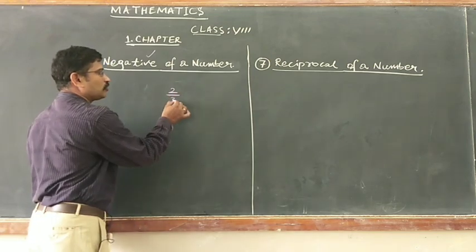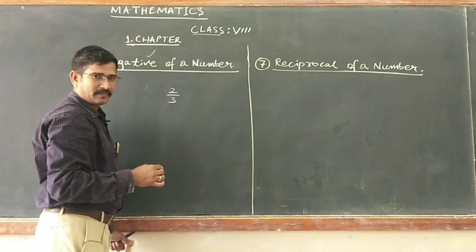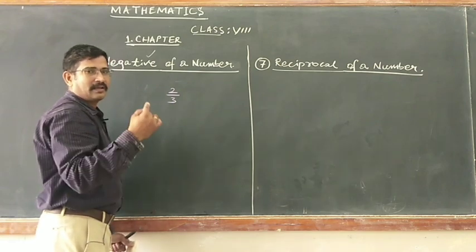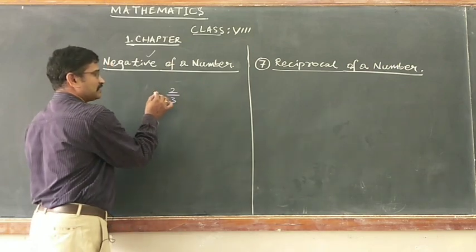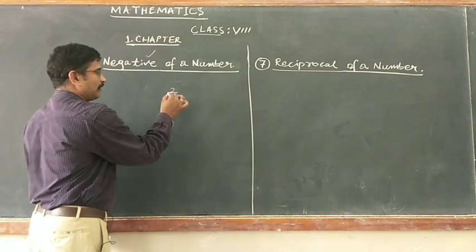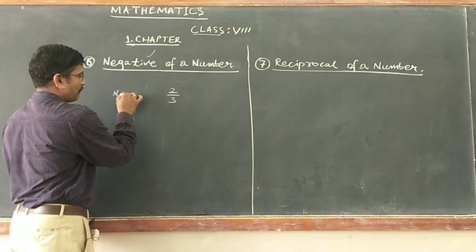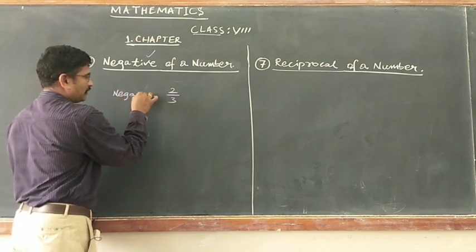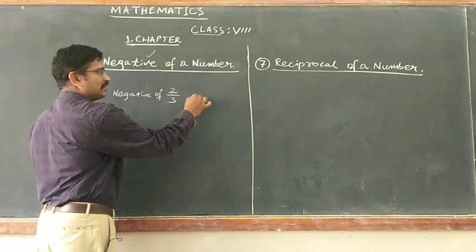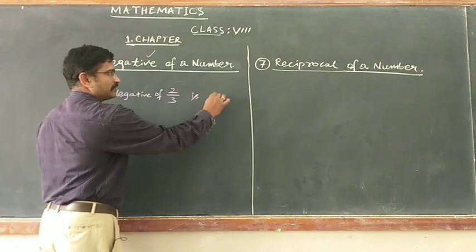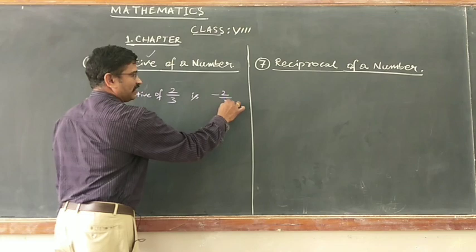So, this 2 by 3, negative of it is minus 2 by 3. Negative of 2 by 3 is minus 2 by 3.